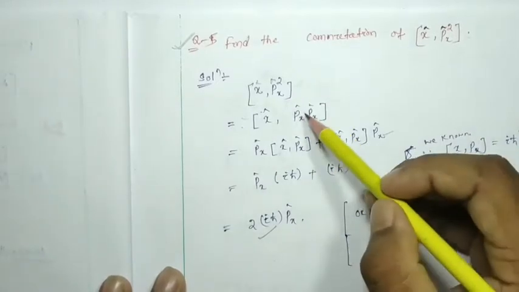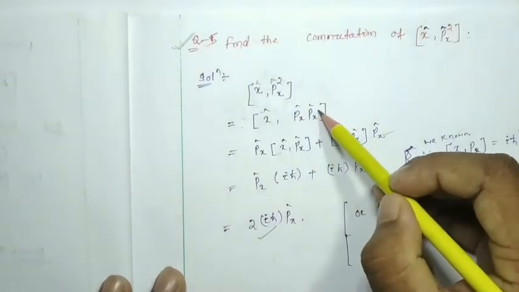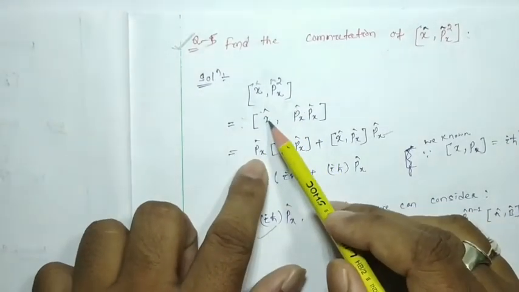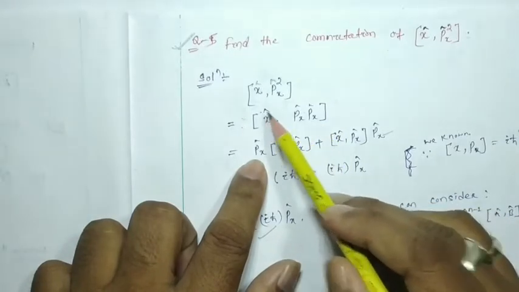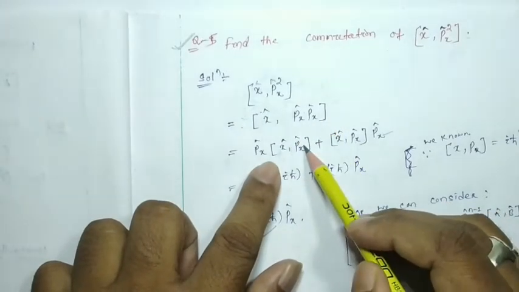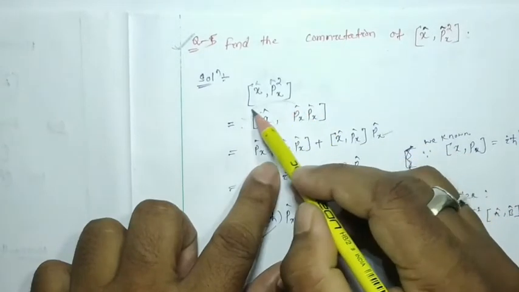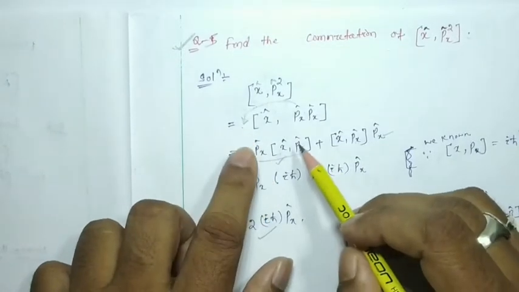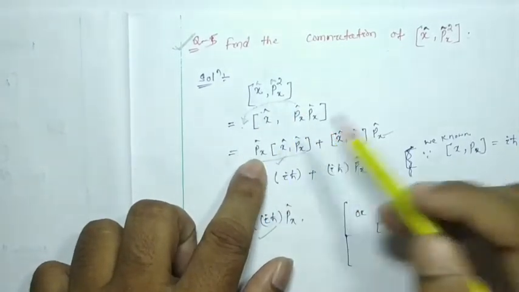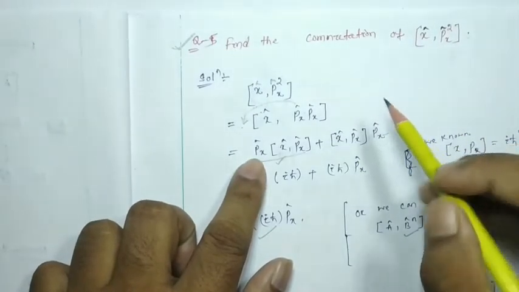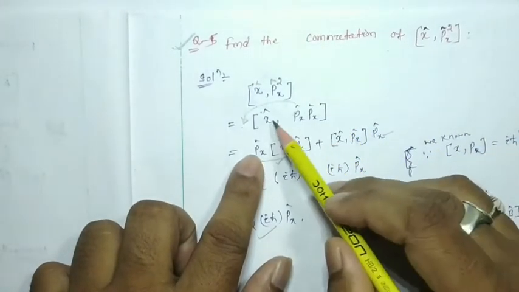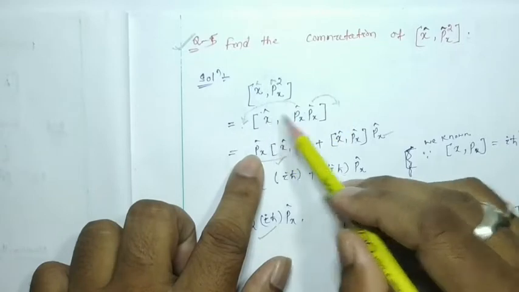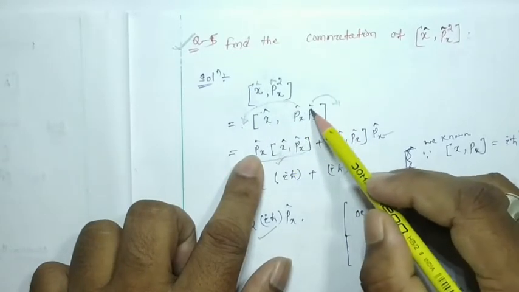Okay, so this one is the left hand side px, right hand side px, so this will be moved towards the left, and the rest of the operators in the commutator bracket will be x cap and px cap. Then this first one is moved towards the left and written like this. Okay, carefully observe, this will be an important step whenever we have to consider other problems. Then plus, this will be moved towards the right and the rest will be x cap px cap. The x cap px cap will be here and this is moved to the right.